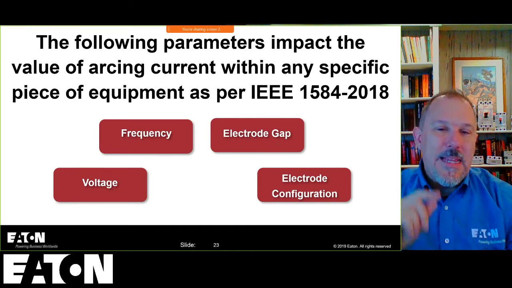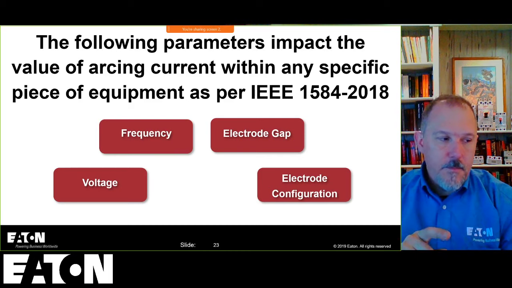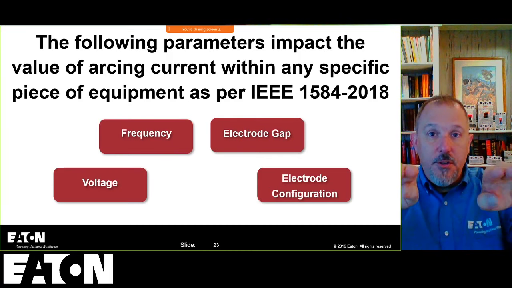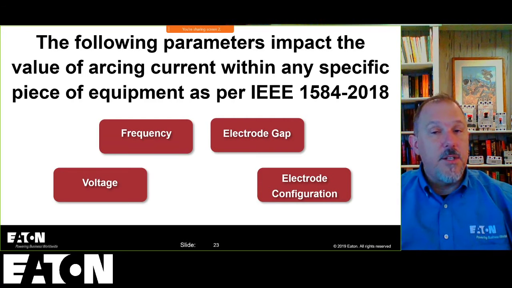Now, what they added in the 2018 version of 1584 is the electrode configuration. What that is is whether or not that electrode is facing you, coming straight at you, like you would see, say, on a utility transformer, those big green boxes that are on the ground where they have those stabs that stick out.